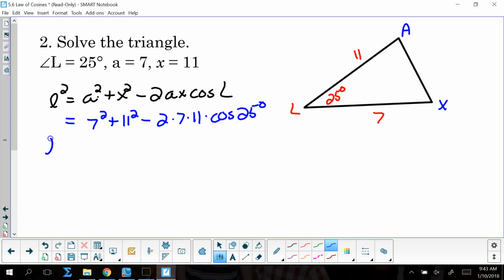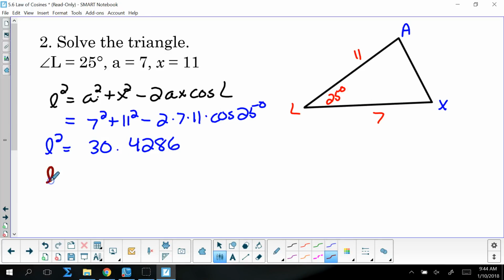which gives me side L squared as 30.4286, which gives me side L as 5.51621. Okay? Now I can use the law of sines, and I'm going to find angle A because it's the smaller of the two angles.